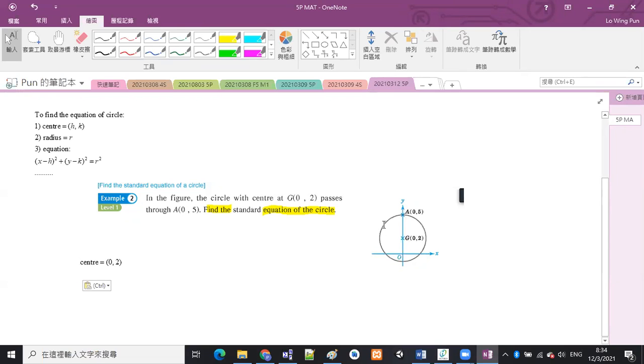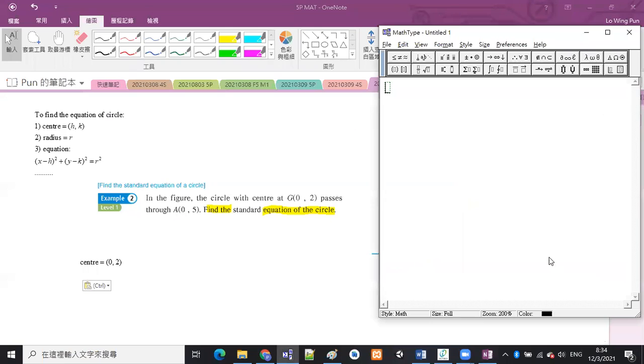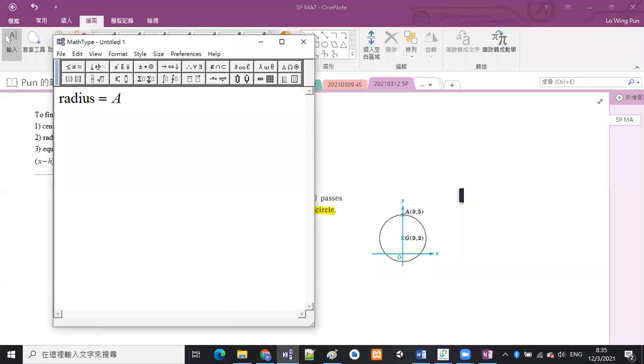What we have is a point lying on this circle. We know that the distance between the center and a point on the circle will be the radius. So the radius can be found by finding the distance between the points A and G.